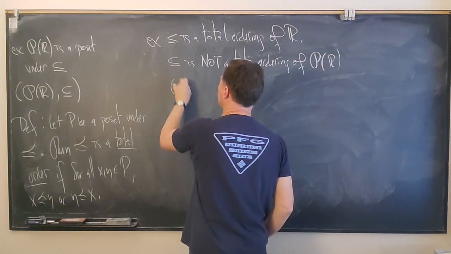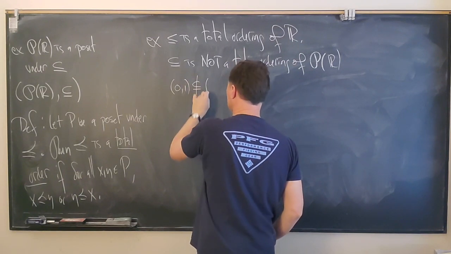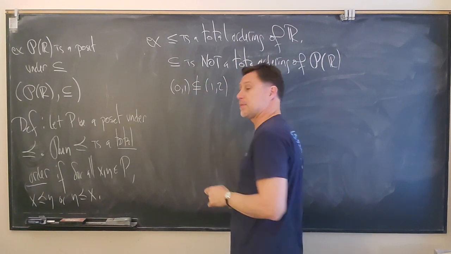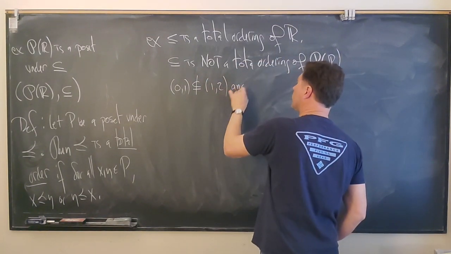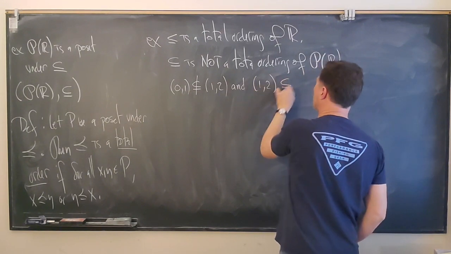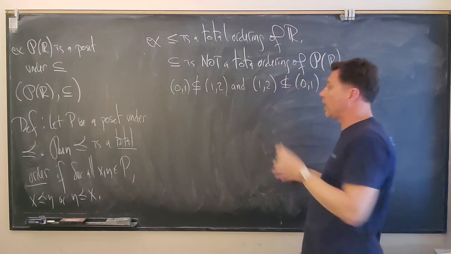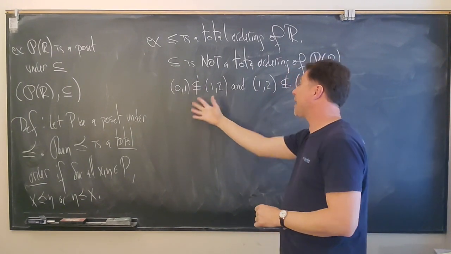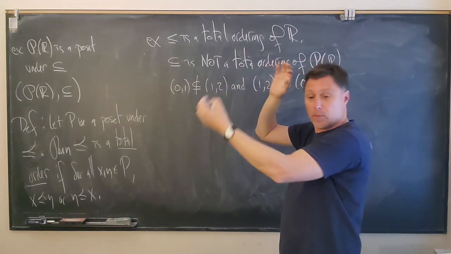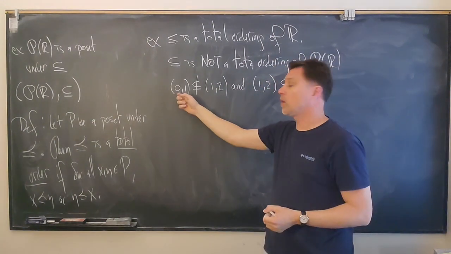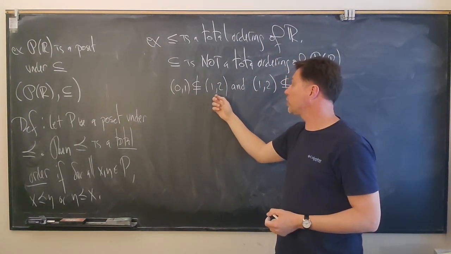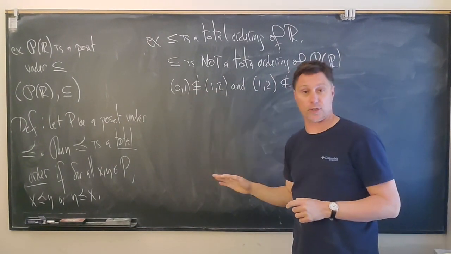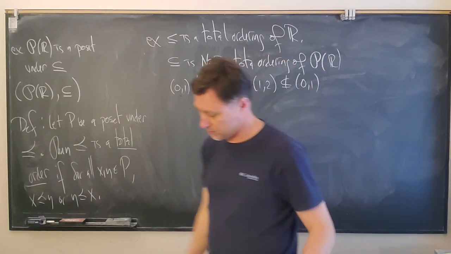If you look at, say, the open interval from 0 to 1, that's a subset of the real numbers, and it's not a subset of 1, 2, and 1, 2 is not a subset of 0, 1. So the open interval 0, 1 and the open interval 1, 2 are elements for which they are not related in either direction. There are incomparable elements.